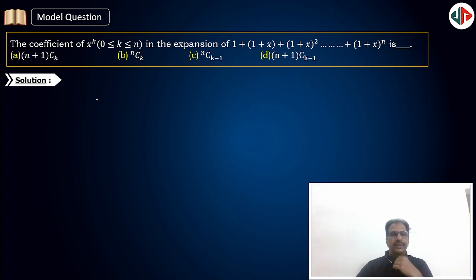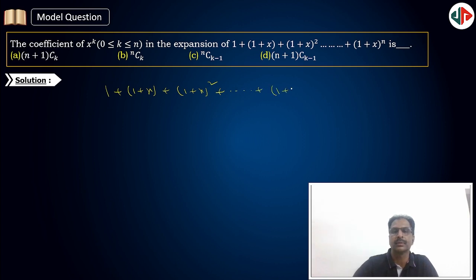Next question, the coefficient of x power k in the expansion of 1 plus (1 plus x) plus (1 plus x) whole square and so on. These terms are in geometric progression and altogether there are n plus 1 terms. What is the sum of n terms in a GP? a into (r power n minus 1) by (r minus 1).